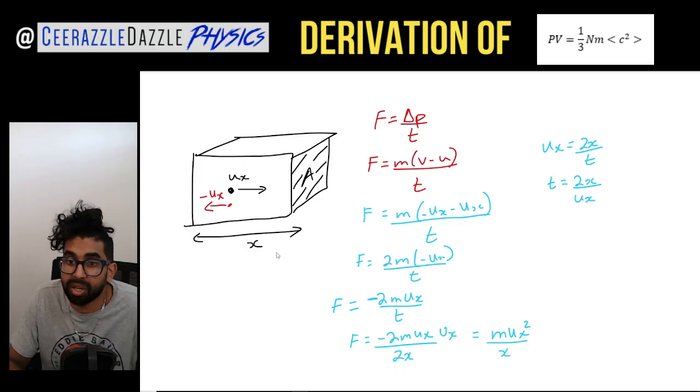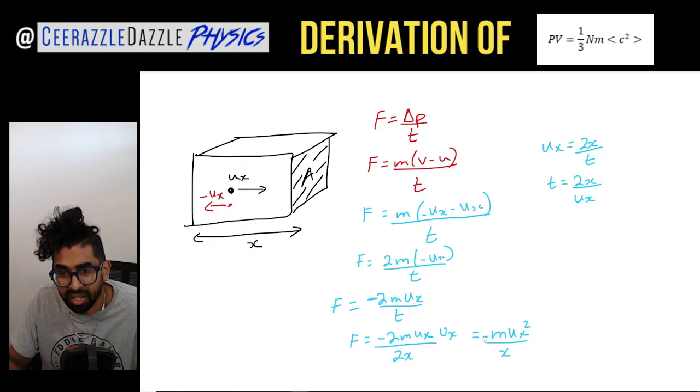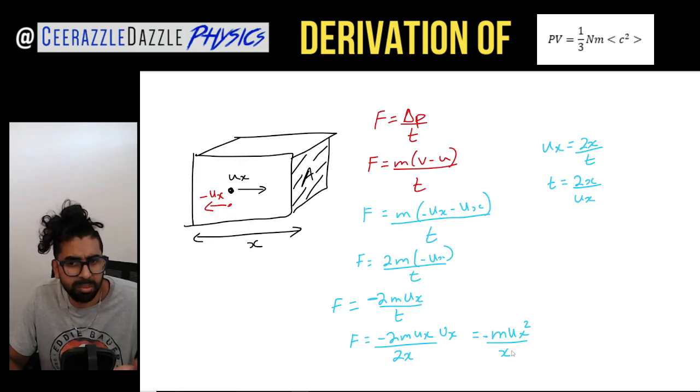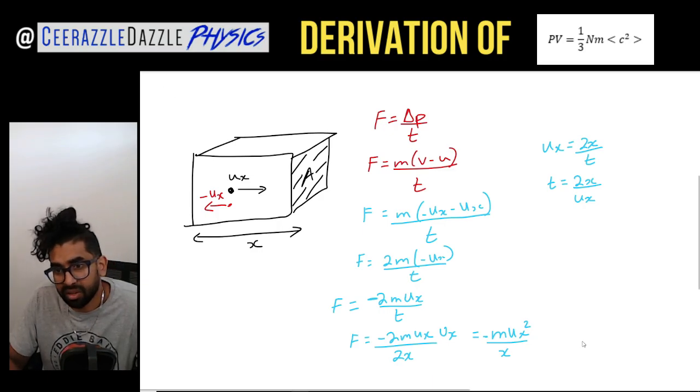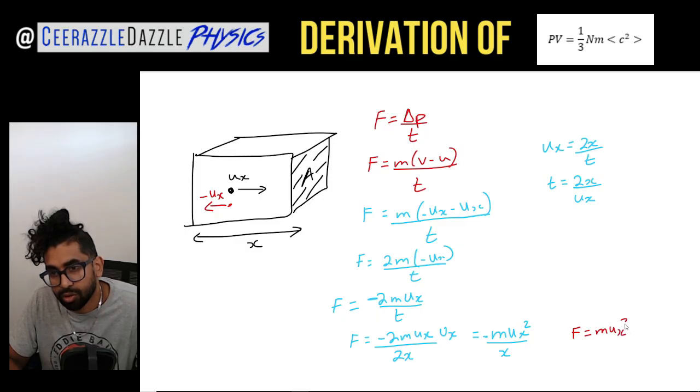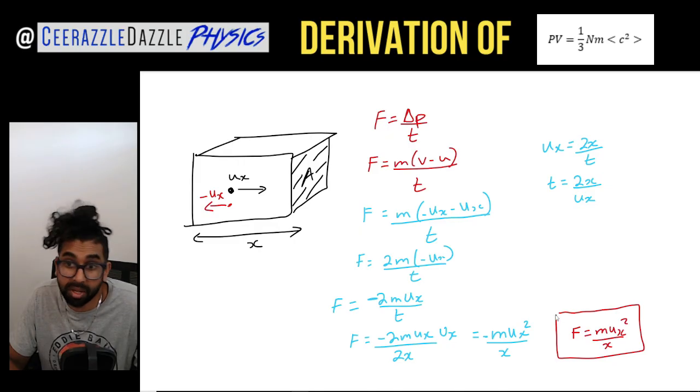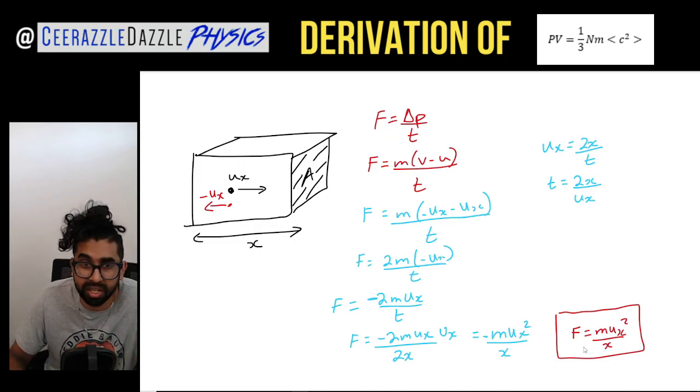There we go. There's a minus sign over here, but don't forget, because it's a force, that just means the direction it's going to be facing. So we're just going to leave it as F is equal to mux squared divided by x. That's going to be our formula, which we're just going to pause on for a second.